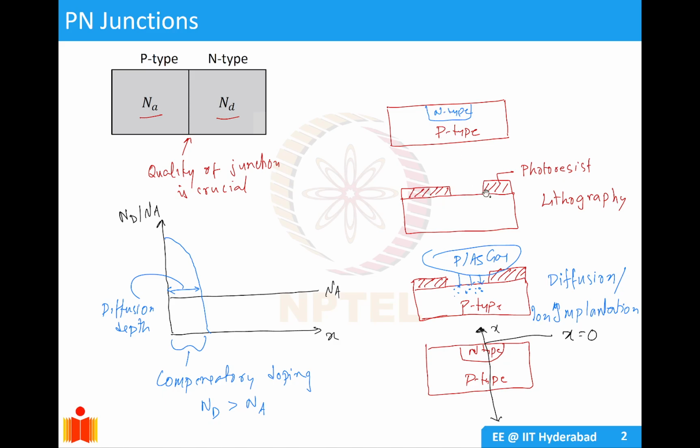For that you can do photolithography and then bombard phosphorus or arsenic ions, which are n-type ions, and they will diffuse or ion implant here and make this region n-type while the rest of the region is p-type. That is how generally a PN junction is made in industry.